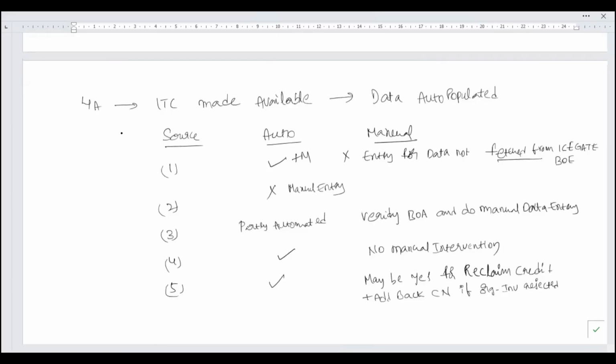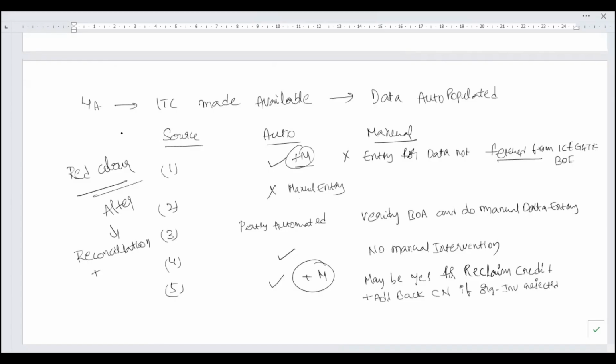Now this is where we need to understand. Whenever there is a manual intervention, this is okay. If I do manual intervention, you get a red color whenever we alter the data. For this, we need to have reconciliation: what is auto-populated, what is added.